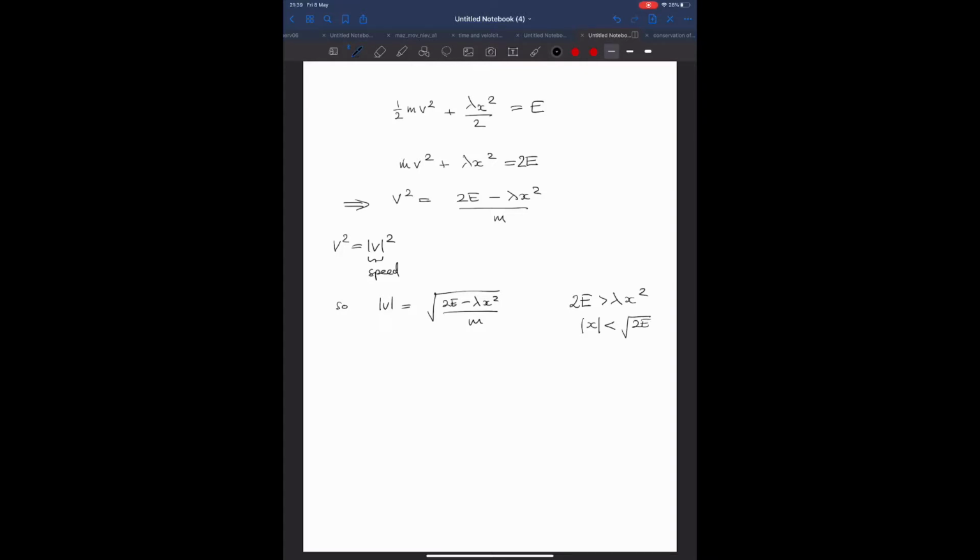Oh, sorry, modulus of x should be less than this. Because if modulus of x is greater than this value, this makes no sense.